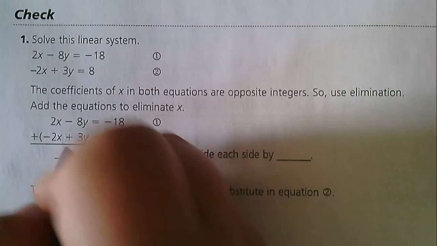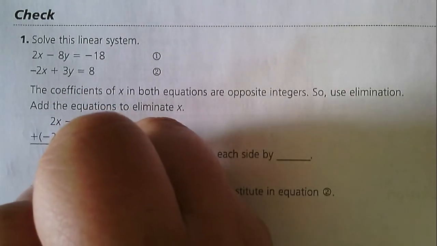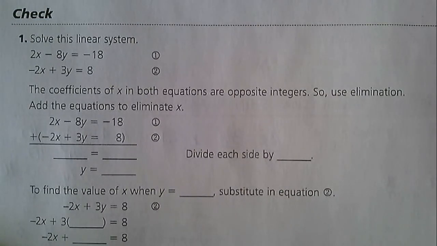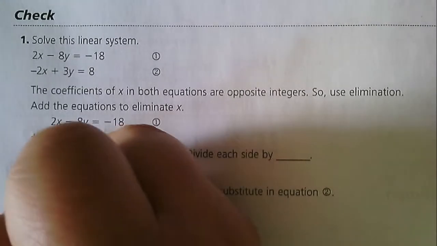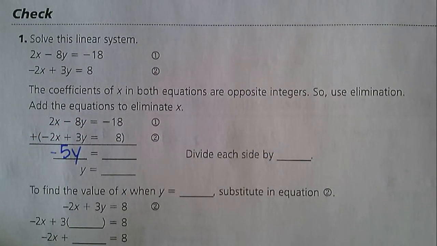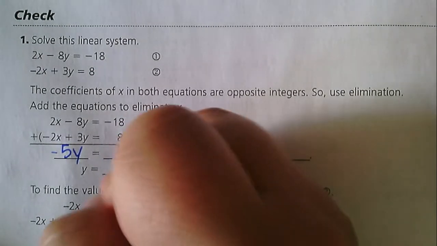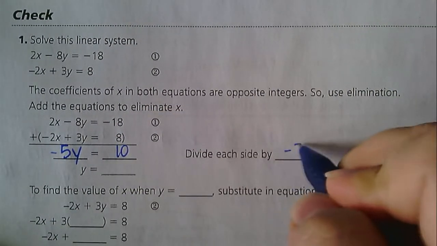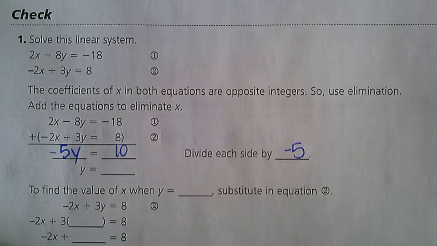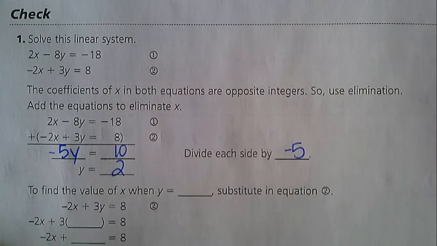Then we have negative 8y plus 11y, plus 3y, which gives us negative 5y. And then we have negative 18 plus 8, which gives us 10. If we divide both sides by negative 5, we end up with y equals 2.